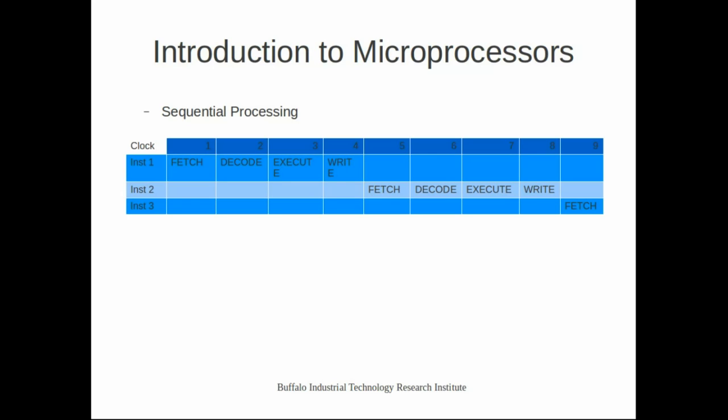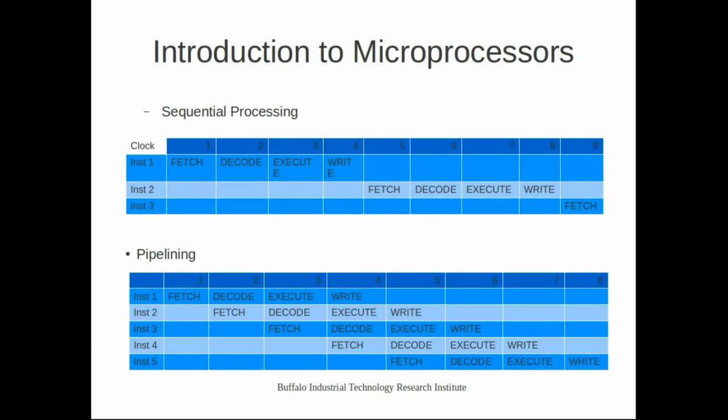To improve the throughput, pipelining was introduced, where circuits were added to do multiple things simultaneously during the same clock cycle. For example, when instruction 1 is fetched and getting decoded in the second clock cycle, instruction 2 was fetched from the memory.